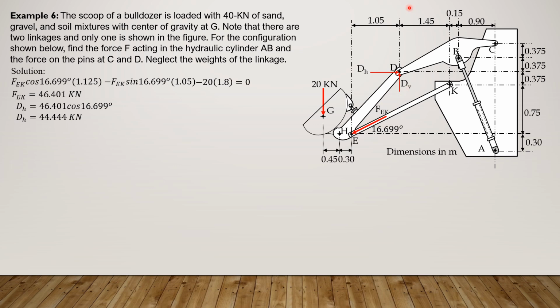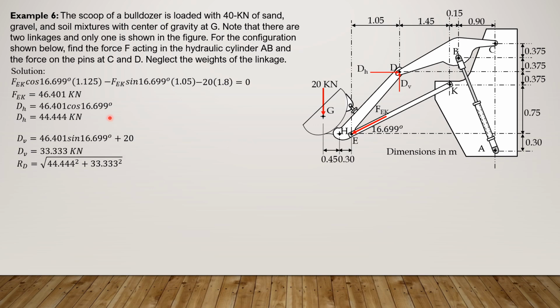Then summation of forces vertical: DV minus 46.401 sine 16.699 minus 20 equals 0. So DV is 46.401 sine of 16.699 plus 20, which equals 33.333 kilonewtons.